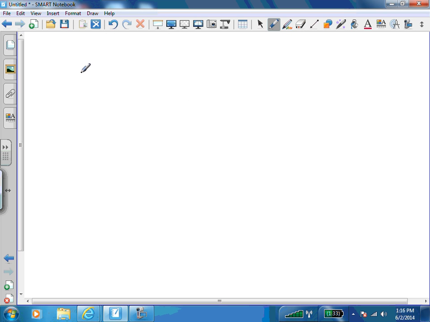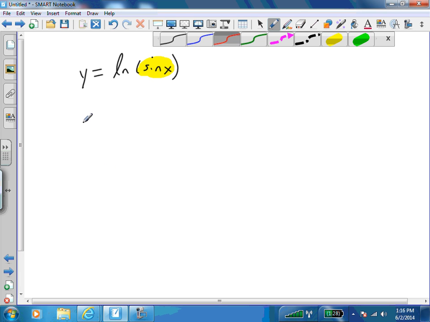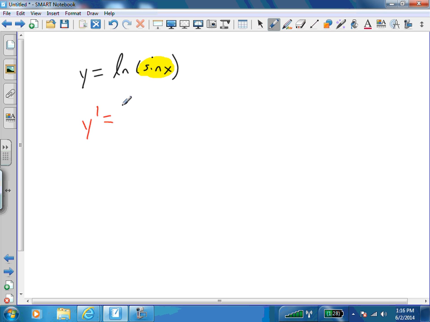So let's do that one. What is our u? U is just whatever we're taking the natural log of. So when we take that derivative, the derivative is u prime over u.